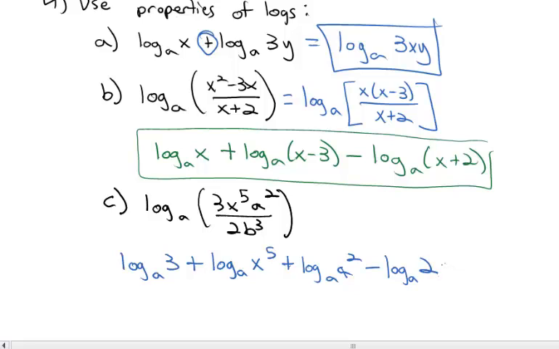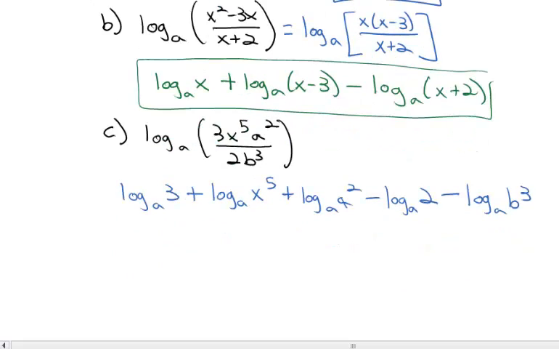And then I want to notice, again, we're going to subtract log base a of b cubed. Notice that the negative logs were from the bottom. That is because a negative exponent moves something to the bottom of a fraction. Everything from the bottom of a fraction has a negative exponent, comes from a negative log.